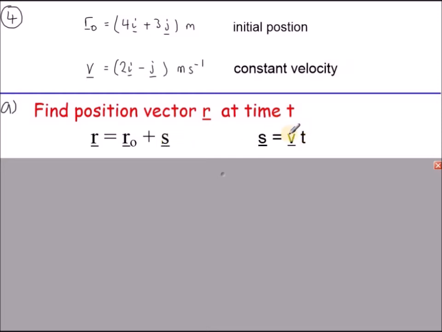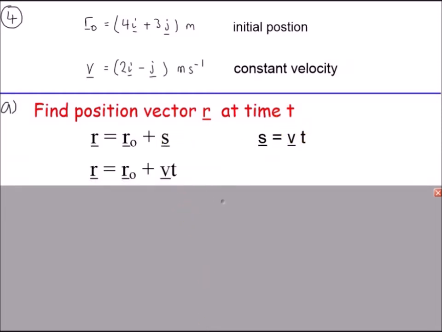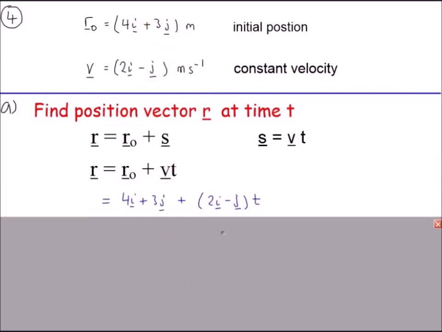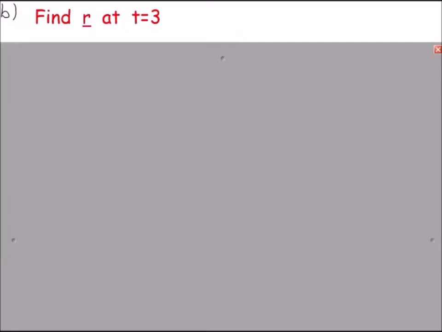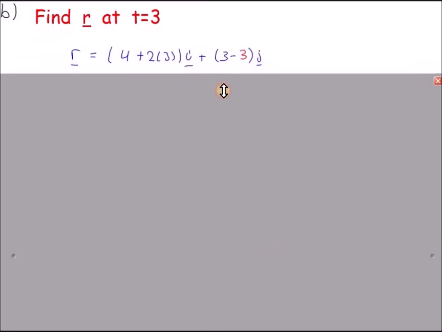So we replace the s with vt, and now we substitute in r0 and v into here, like so. Then group the i and j components together. So this is the position vector r for the particle at any given time. To find the position vector of the particle at 3 seconds, we just substitute in t equals 3.